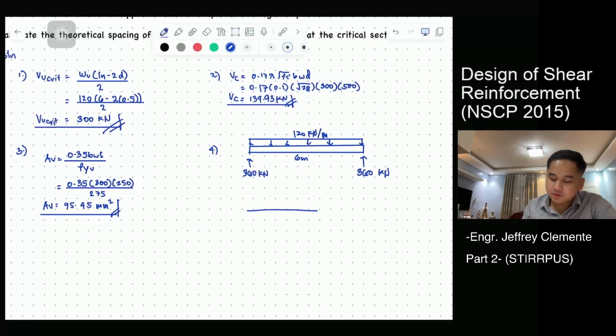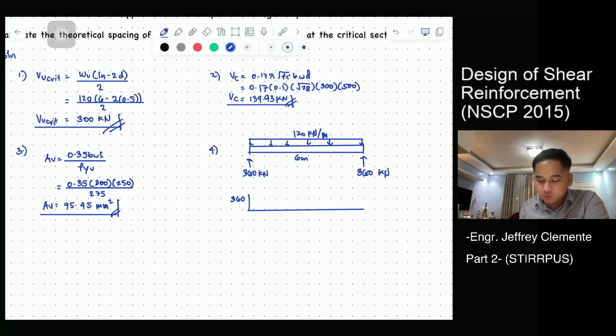So, pag ginawa natin yung shear moment diagram, yung shear diagram niya, theory of structure. So, of course, that is not our topic. So, you review it. So, una, tataas siya dahil sa reaction. Diba? Laging ganun eh. Tataas dahil sa reaction. Now, bababa naman siya dahil uniform load siya. This is 360. Bababa siya ng 120 times 6. So, that is 720.